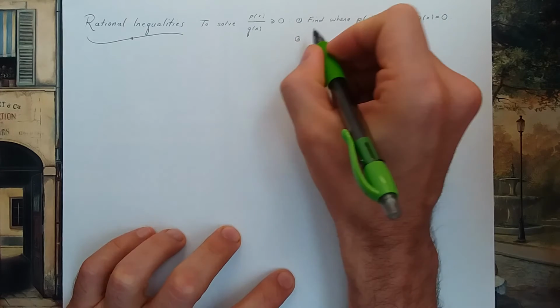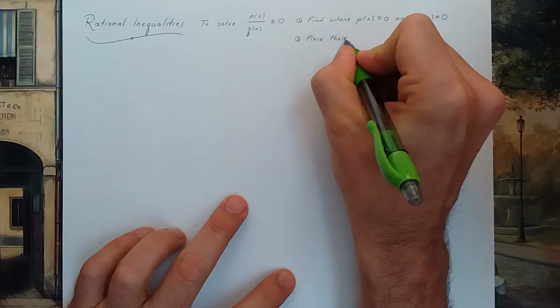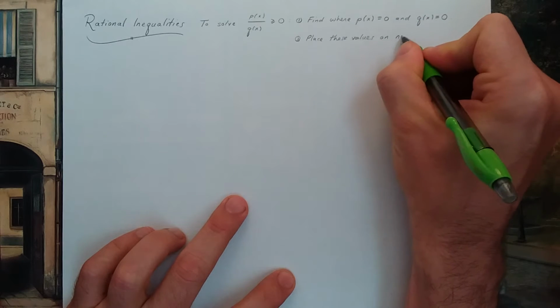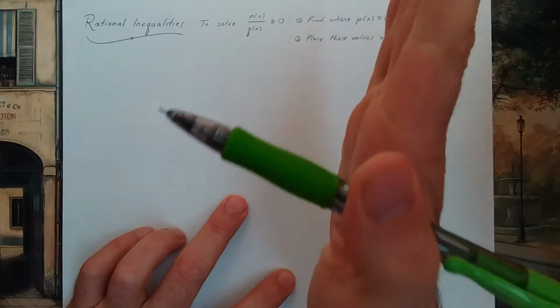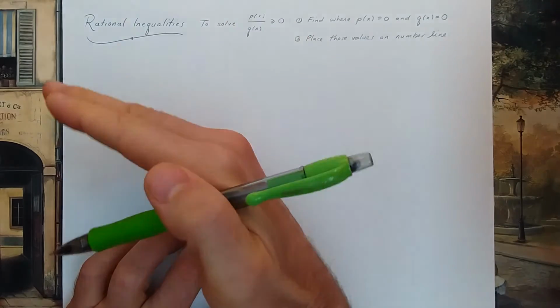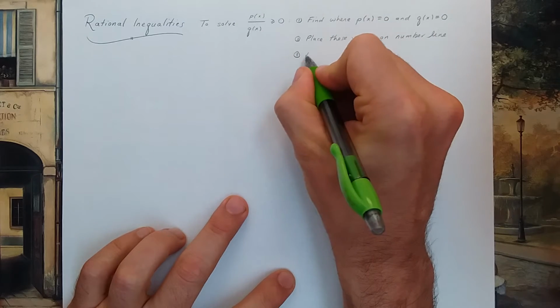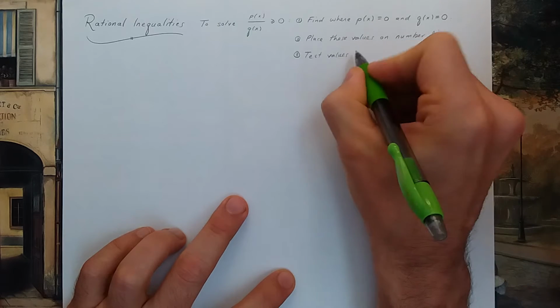Then you place these values on a number line. These values create barriers where the sign can change. And then the last step is you simply test values in each region.